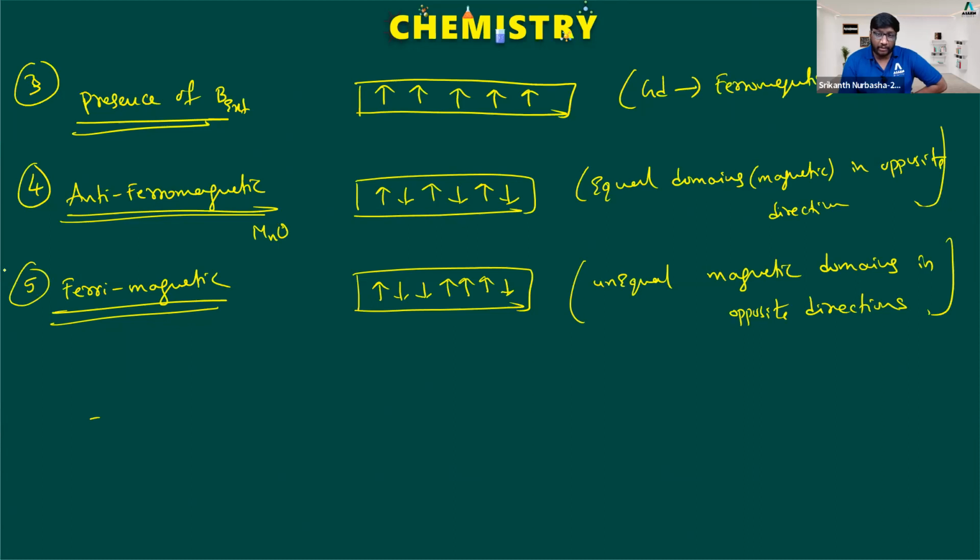For ferrimagnetic, you can take the example of ZnFe2O4. You have to remember the different examples for all the magnetic species that have been given. Remember all the examples given in NCERT, and along with that, whatever examples have been given under the different categories in the Allen module, you have to be perfect with those examples.